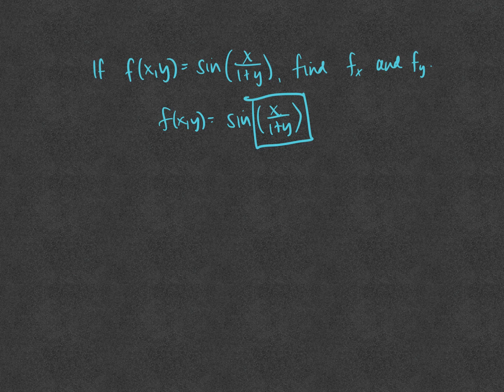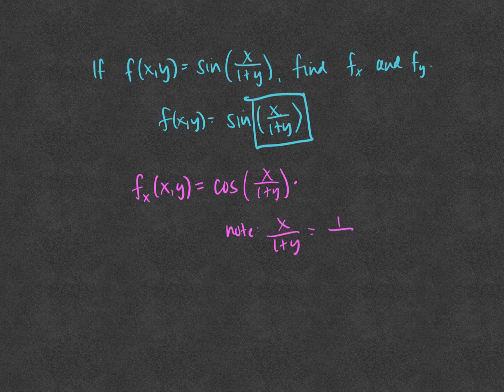So pay attention to the fact that both variables are happening in there. We're going to say the derivative with respect to x of f of x, y equals, we're going to take the derivative of sine, which is cosine of the same thing, x over 1 plus y, times the derivative of the inside. Now, let's make a note over here. We have x over 1 plus y.